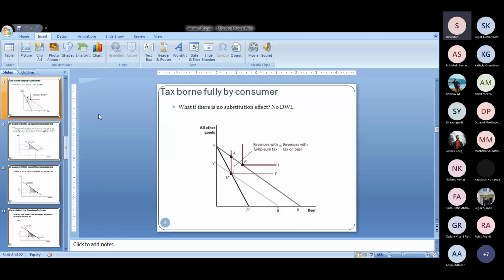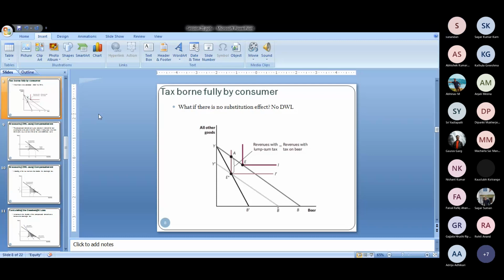The moment you have, take for example, L-shaped ICs, which are meant for complements, right? Which means all other goods and beer in this example are consumed in a particular, fixed proportion.